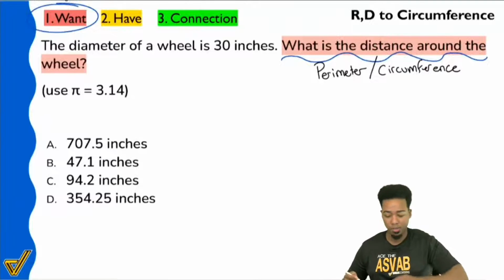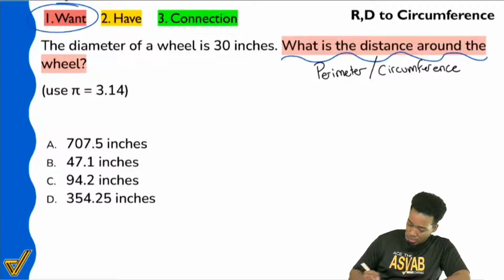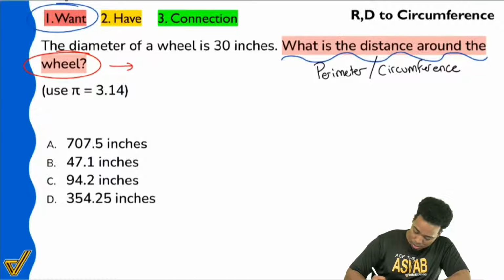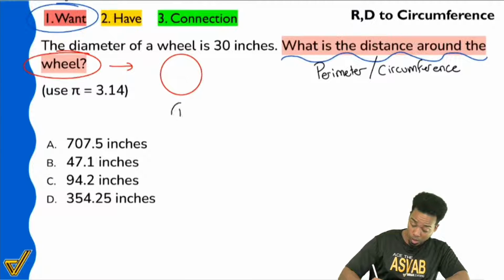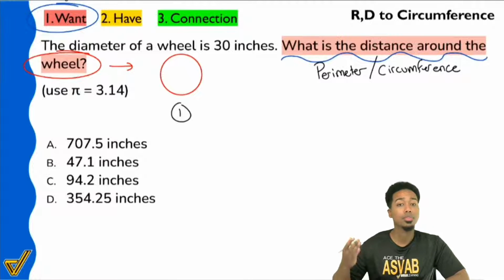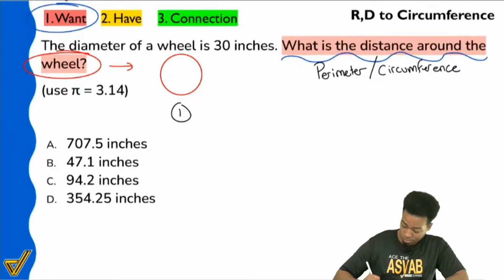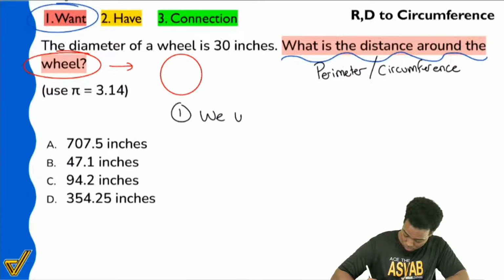Does that make sense, everybody? Because they tell us it's a wheel, that's how we know that it's a circle. Good. So step one, what do we want? Step one is we want the circumference of a circle.